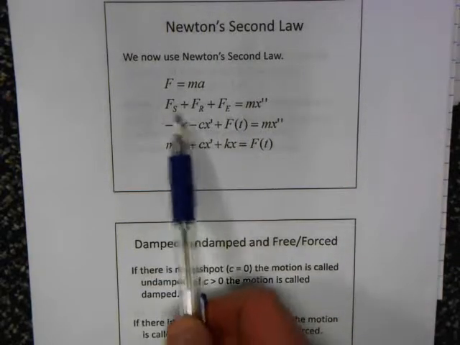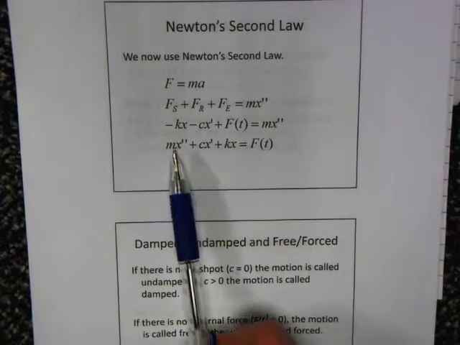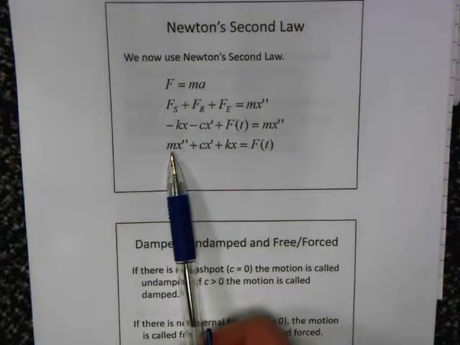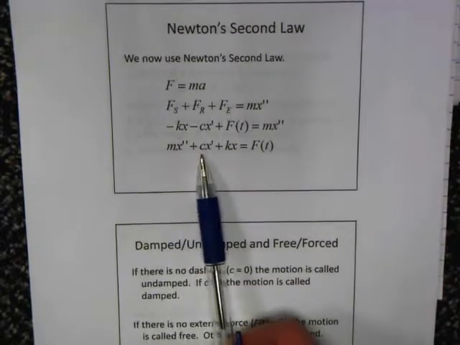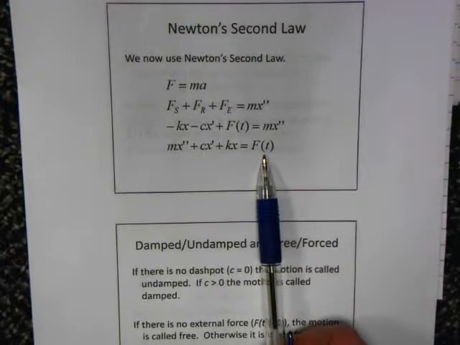So we're going to move this kx and this cx prime over to the other side, and we get a second order differential equation with constant coefficients. m is mass, c is a constant, k is a constant, but it's not homogeneous, is it? Nope. It's not homogeneous.